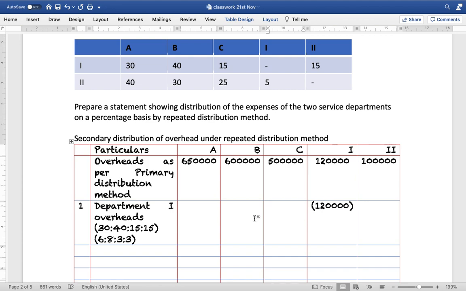So it will be 36,000, 48,000, 18,000, then 18,000.